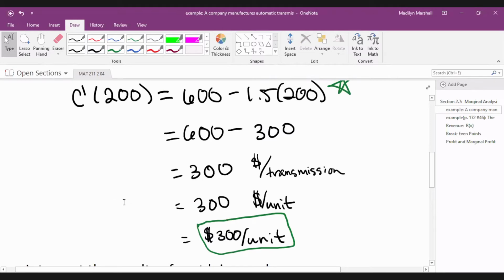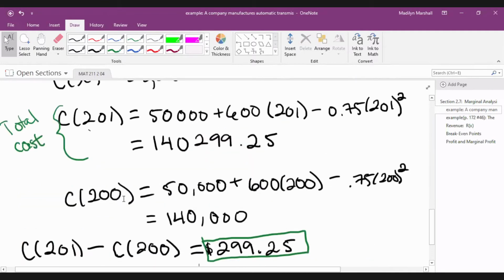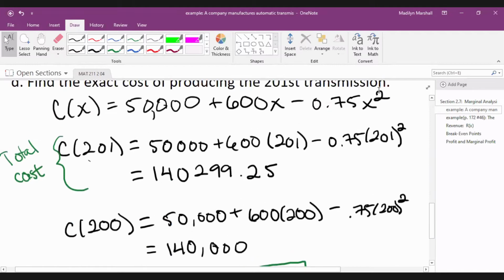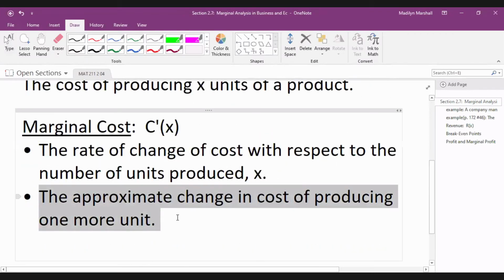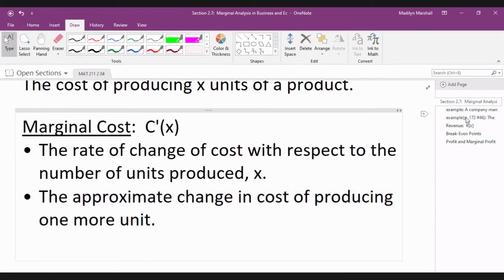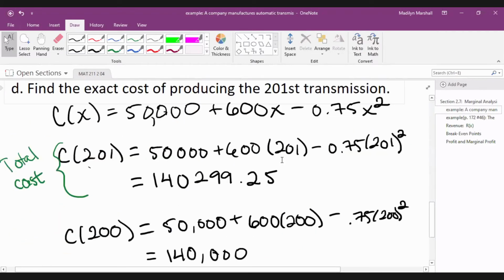So these numbers are very close. They're 75 cents off in this case. But this is why at the beginning I mentioned that this is the approximate change in cost of producing one more unit. The exact cost of producing that 201st transmission is 299.25.